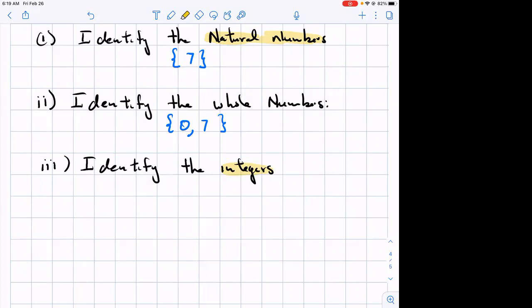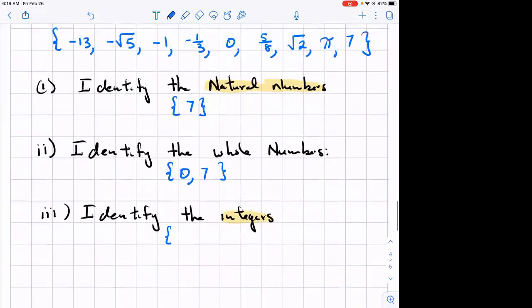Integers are whole numbers that are both negative and positive. So if we go through our list, it has to be a whole number. If you look back at our list, we have negative 13. Minus root 5, we know that will be some decimal number.